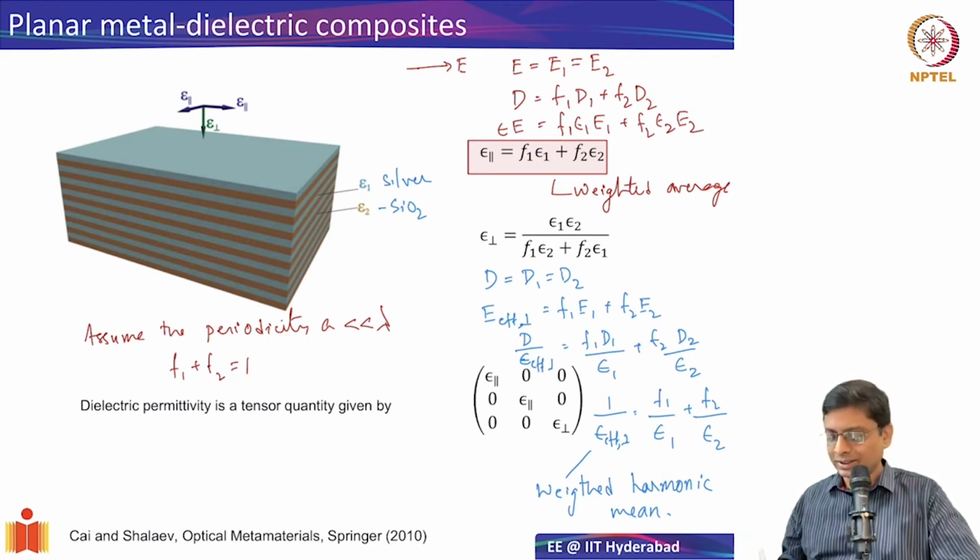Let's assume that I have a metal with epsilon 1 equal to minus 10, and a dielectric which is simply silicon dioxide. So what will be my parallel component of the epsilon? Let's assume that F1 equal to F2 equal to 0.5.